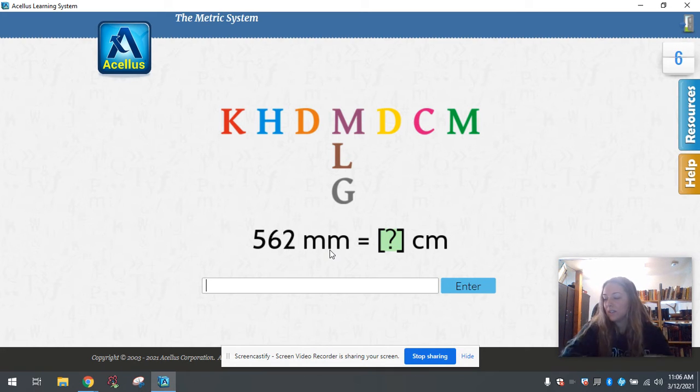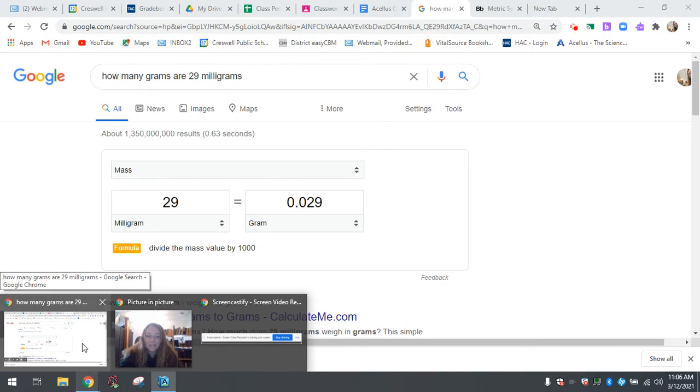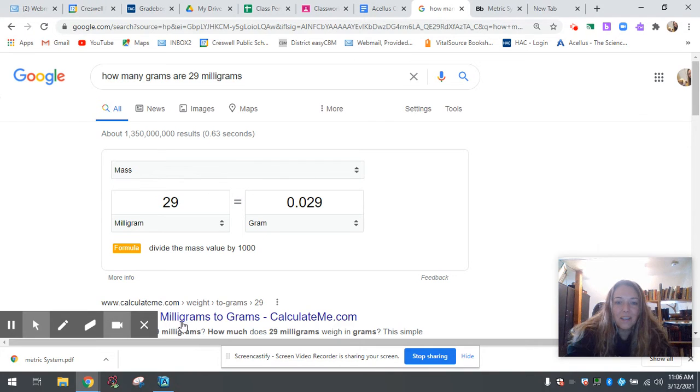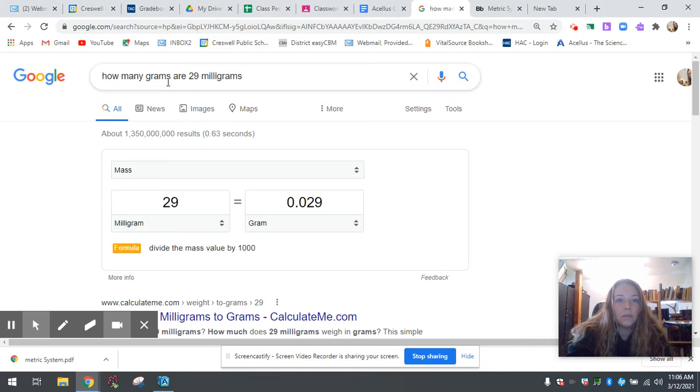562 millimeters is equal to how many centimeters? This is one you could use the method he shared with, but we're just going to Google it. 562 millimeters is how many centimeters?